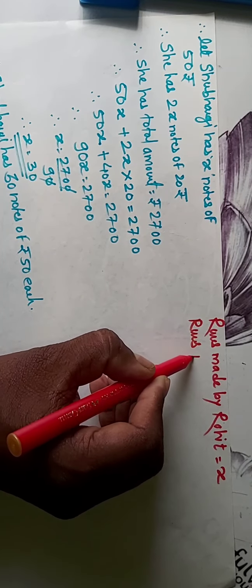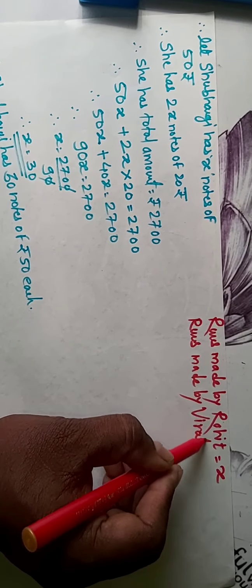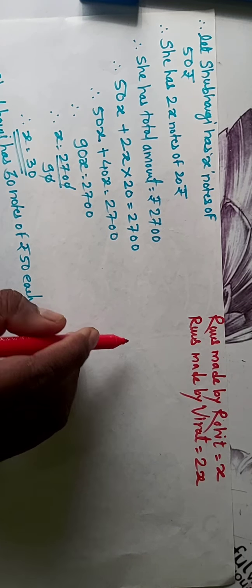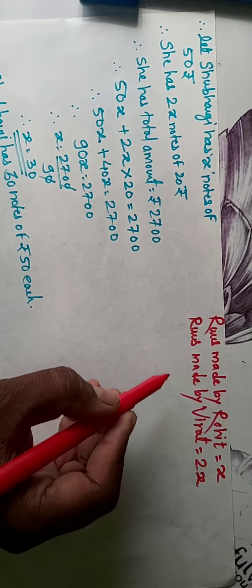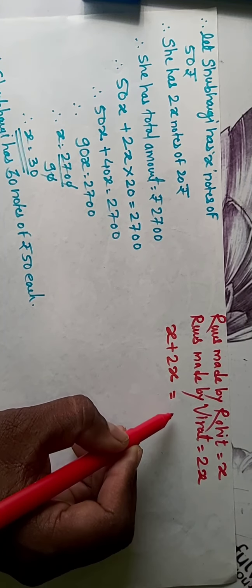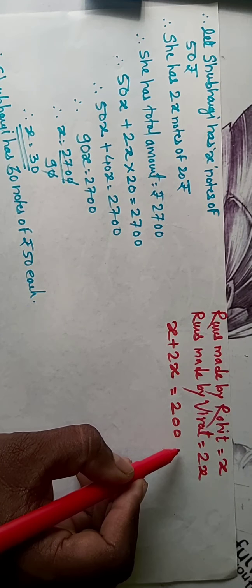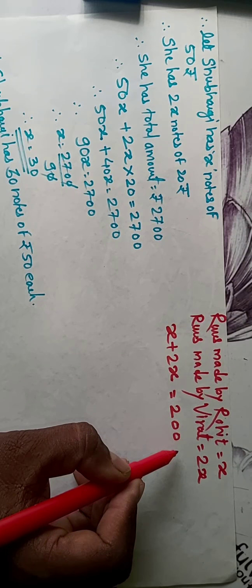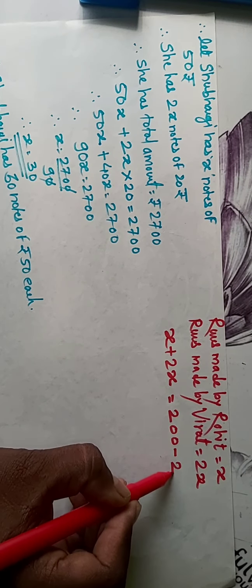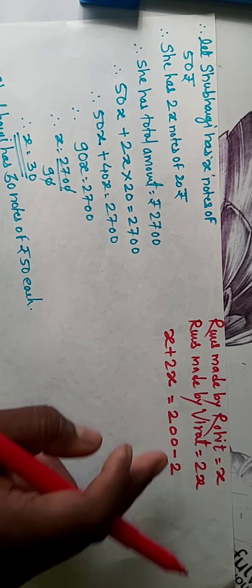Runs made by Virat is equal to this. According to given data, x plus 2x is equal to double century means 200, and they said the total of their score is 2 less than a double century. 2 less than means minus 2. This way you have to write. Don't write 198 directly.